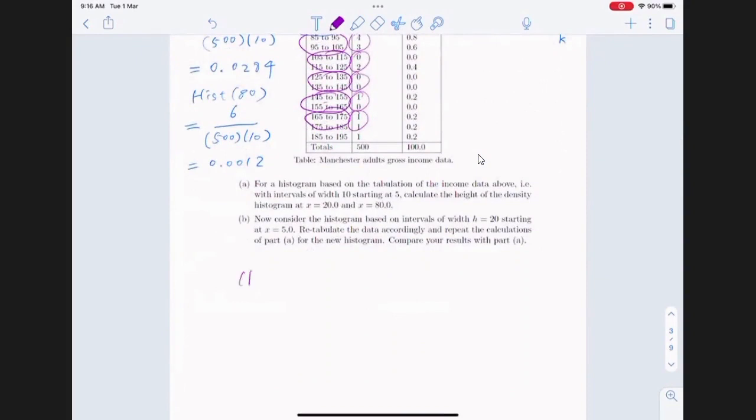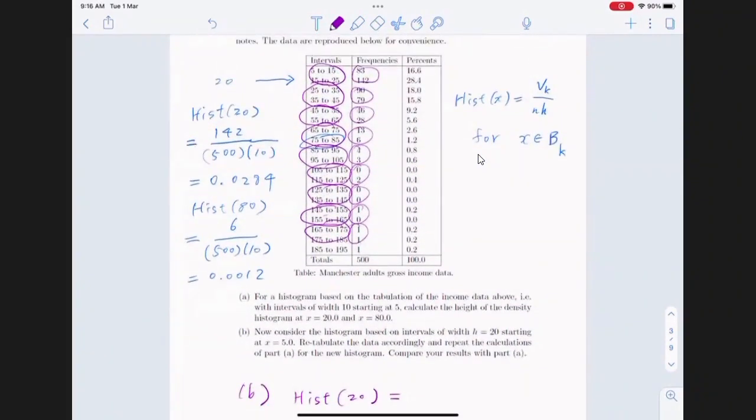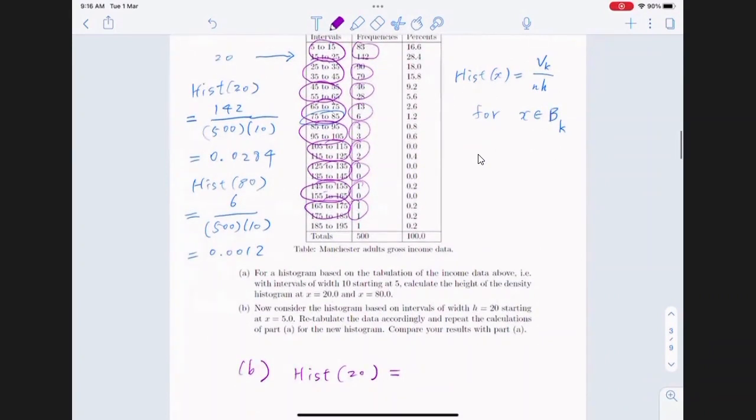So in part B, the histogram at 20. This time, 20 belongs to the interval from 5 to 25 because we grouped the intervals together. The count becomes 83 added to 142. This becomes the count of the interval that contains 20 after we group the intervals.